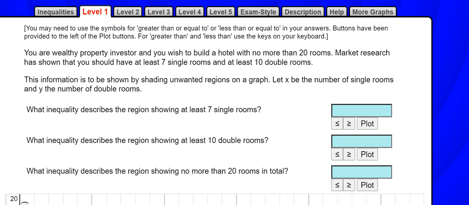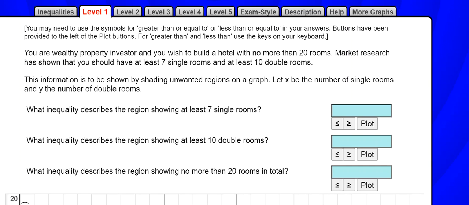Got that? It says, market research has shown that you should have at least 7 single rooms and at least 10 double rooms. What does at least mean? Greater than or the same.